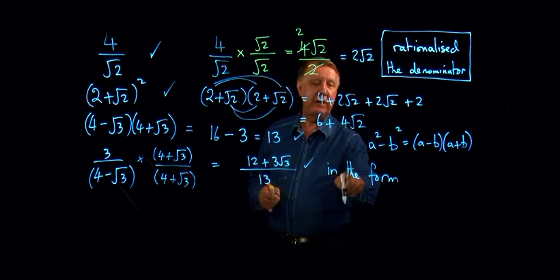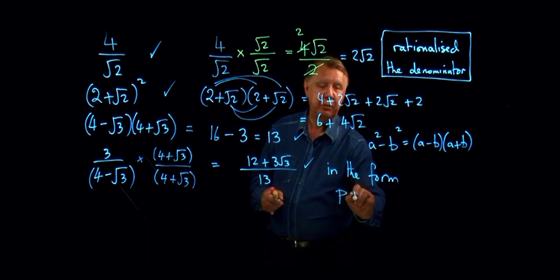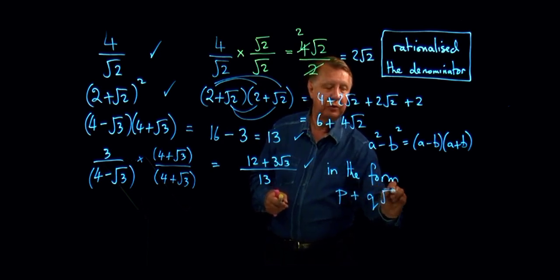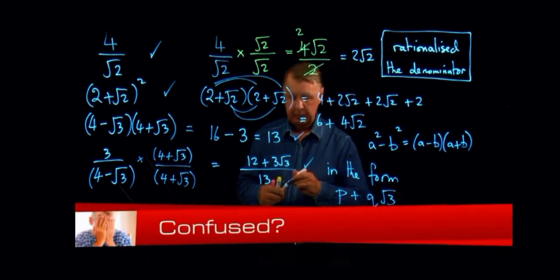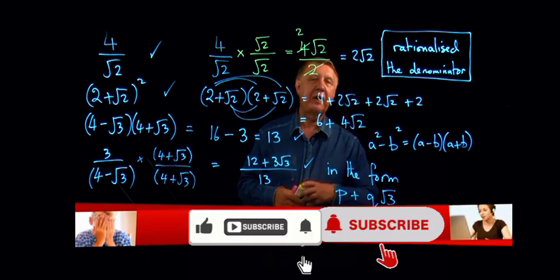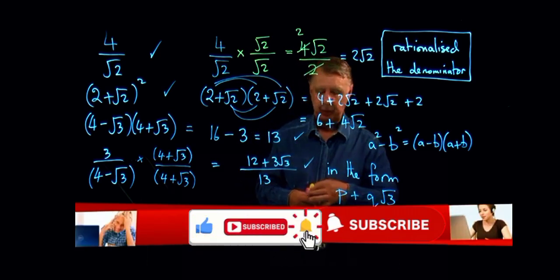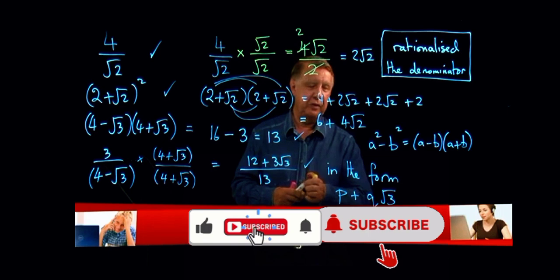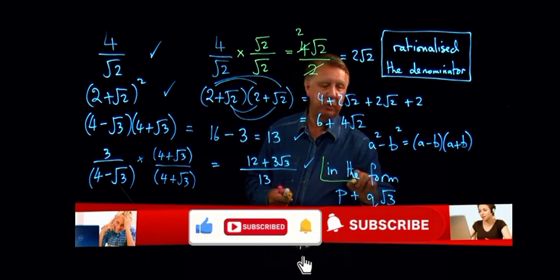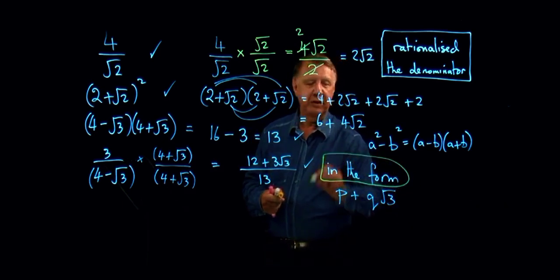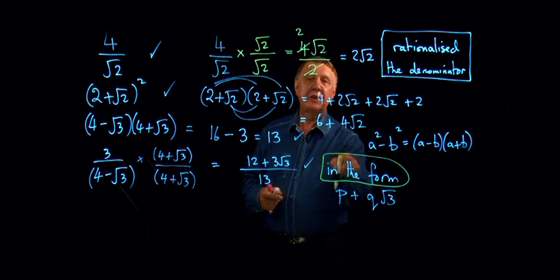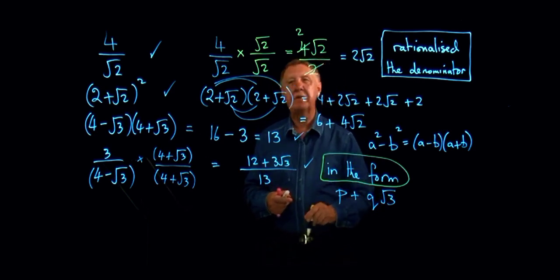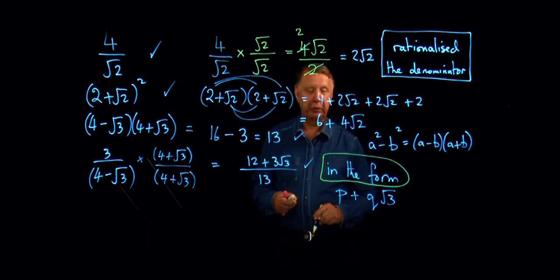So it'll say in the form P plus Q root 3. What does this phrase mean, in the form? Well, most of the students that I've taught over the years, the best way for them to remember it is to say, it's got to look like this. If it doesn't look like that, you haven't done your job properly.